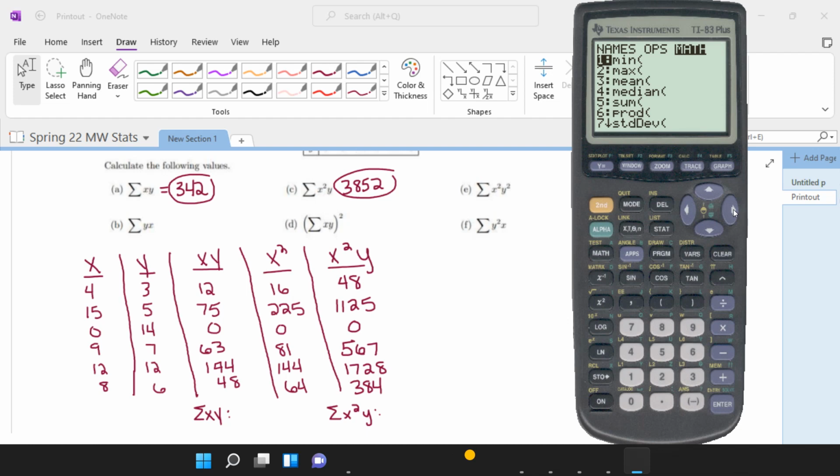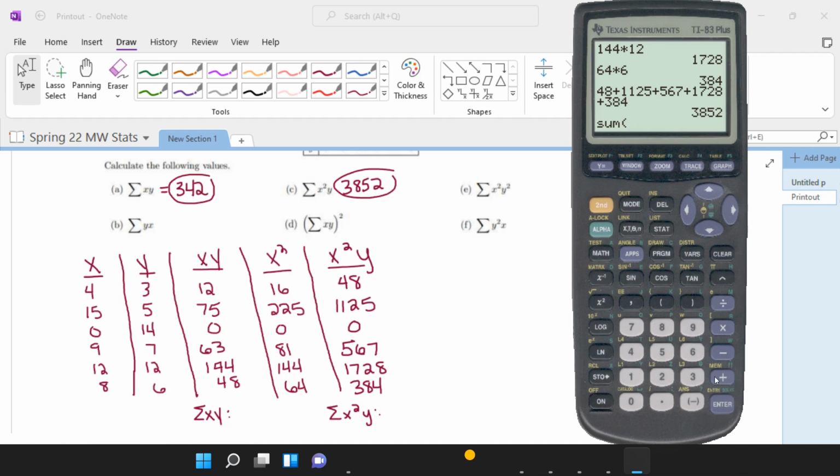And I want the sum of x, y. So I'm going to scroll down to sum. So back from the home screen, second list, and then math, and then sum, enter. And I want the sum of x, y, which is L1 times L2.